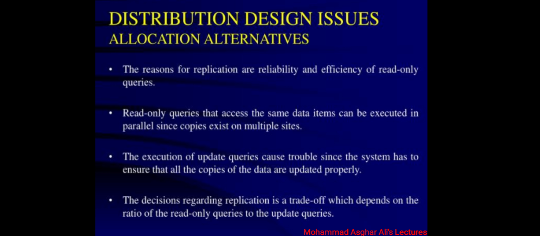If there are multiple copies of a data item, there is a good chance that some copy of the data will be accessible somewhere even when system failures occur. Furthermore, read-only queries that access the same data item can be executed in parallel since copies exist on multiple sites.